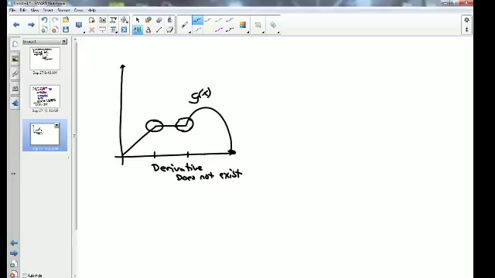Are those the same? No. You could also think about it, how many tangent lines could I draw to that point? An infinite number. I can draw that one, I can draw that one, they're all tangent, right? So the derivative does not exist at corners.